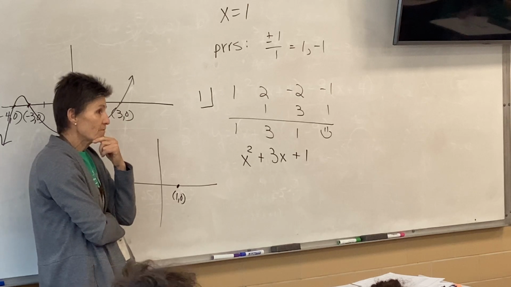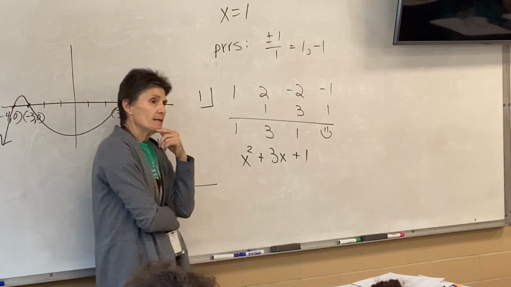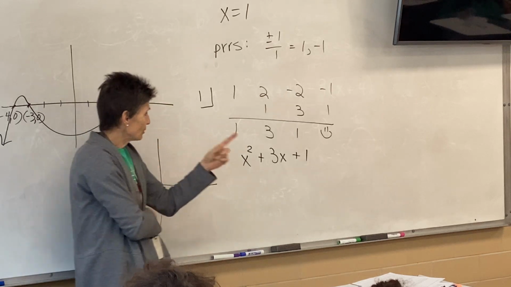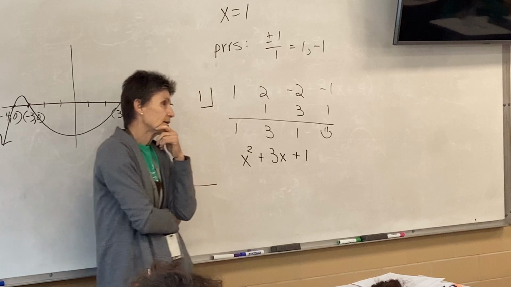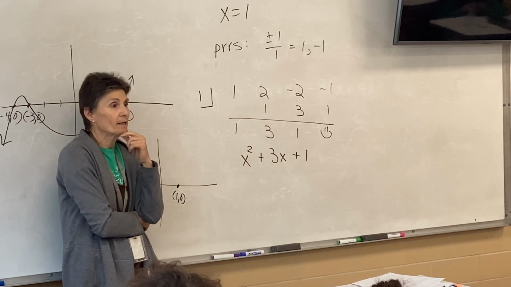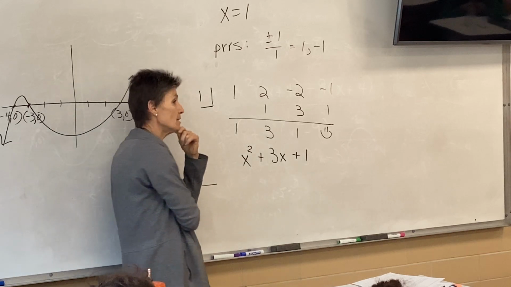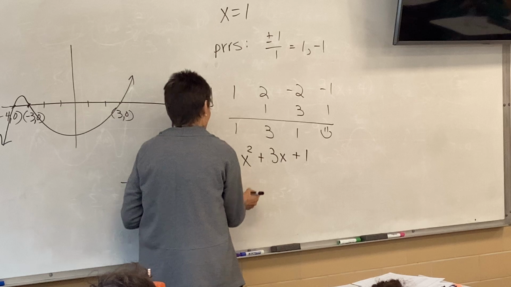My job is to find what x equals, find the roots. If it doesn't factor and it's a quadratic, I'm going to use the quadratic formula. I'm going to have to use the quadratic formula. So here we go. How does that work?